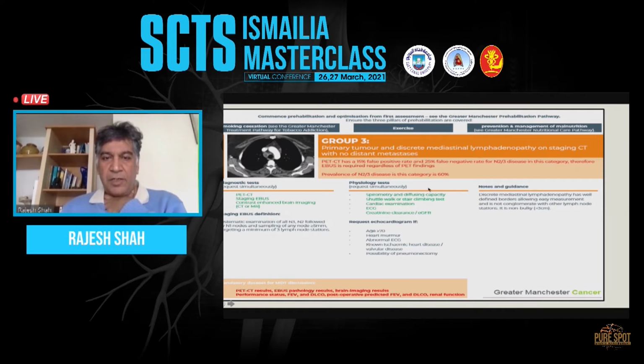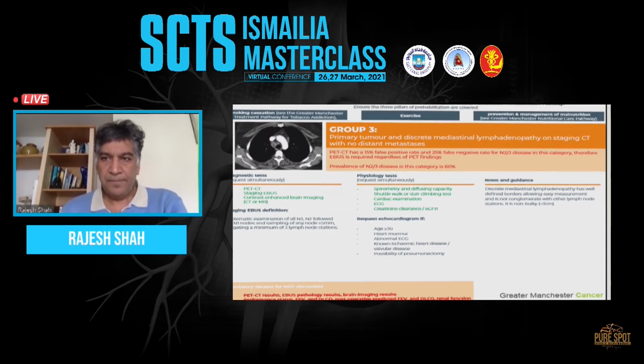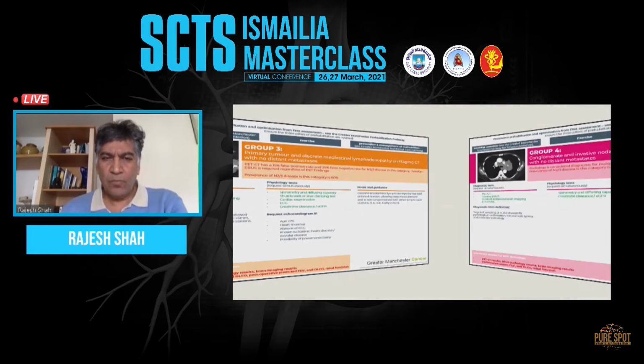This physiological workup is standard as in the other two groups, and once this workup is done, these patients are discussed within the MDT. And once again, they all follow a common prehabilitation and optimization protocol following assessment by the chest physicians.